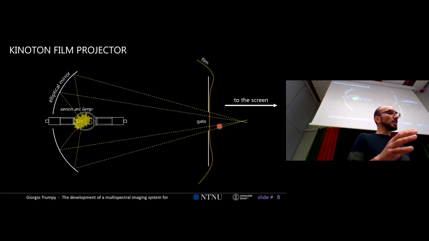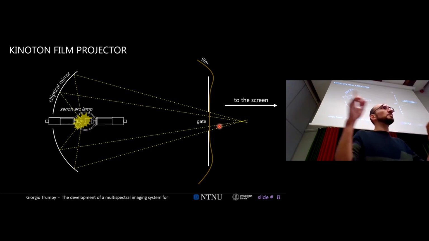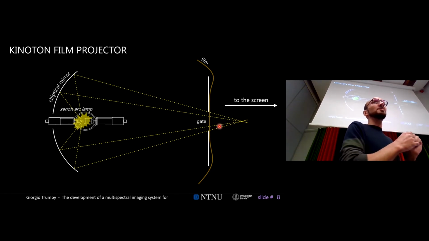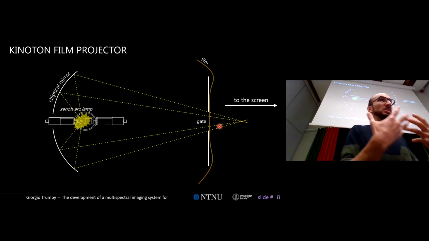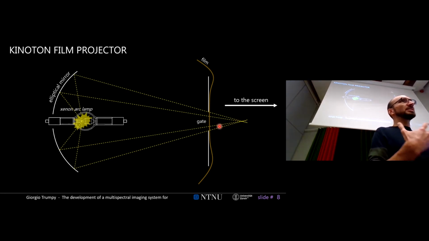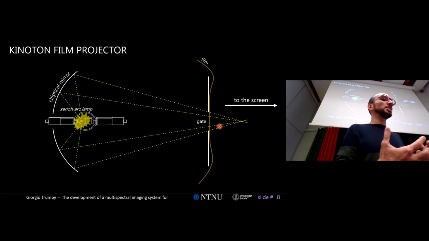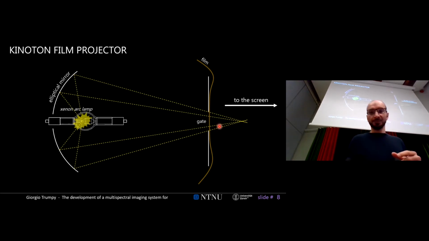This is because no light can be wasted, because you have to imagine that 24 millimeters of film end up being something big, or even bigger than this screen that we are seeing here. So the intensity of light has to be a lot, so no light can be wasted. So all the light rays coming from the bulb have to enter the gate and illuminate the film.